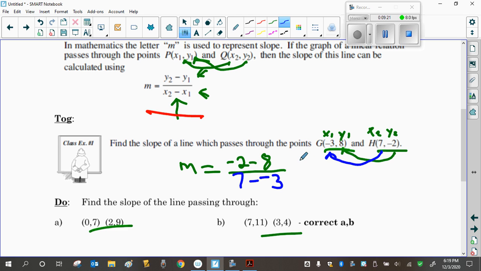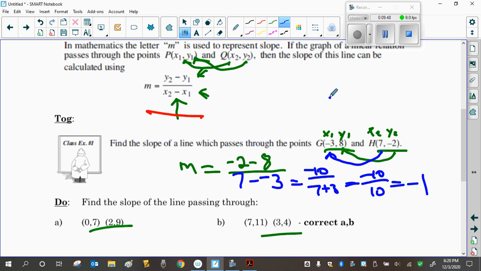Not subtract 3, subtract negative 3, which is 7 plus 3. Two negatives means plus. When you subtract a negative, same effect as adding. You can write it down if you want to, or you can just add 7 plus 3. And then you have to remember, reduce it. So the slope equals negative 1 for that line.